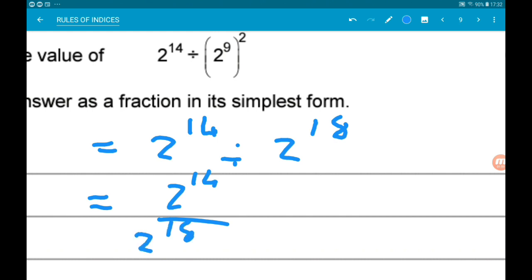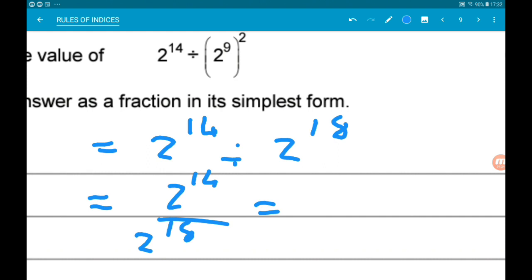Now, here, to simplify this, we need to think about what the highest common factor is between 2 to the 14 and 2 to the 18. So, think about it. 2 to the power 18 is 2 to the power 14 times 2 to the power 4.